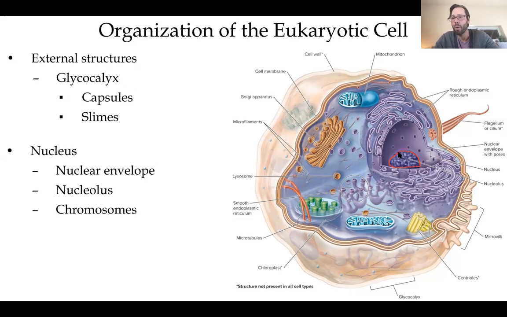And then, of course, like prokaryotes, it also has chromosomes, right? The DNA coiled up into different sections. Okay. So similarities and differences between prokaryotes and eukaryotes.